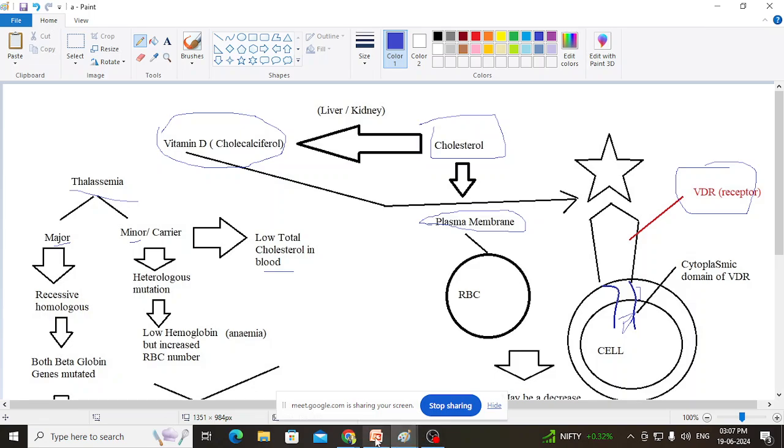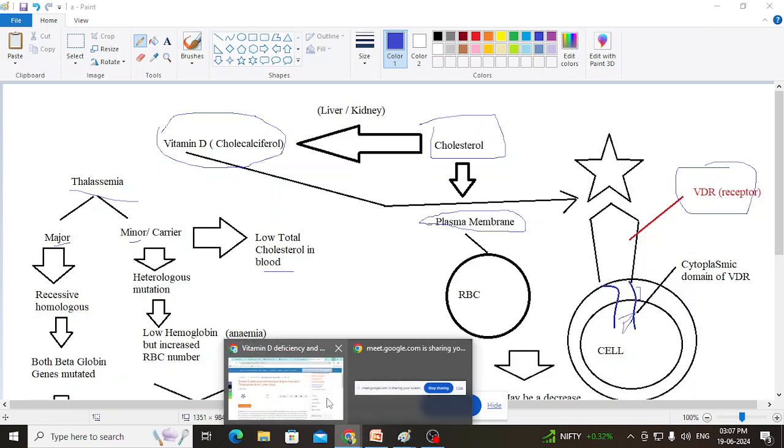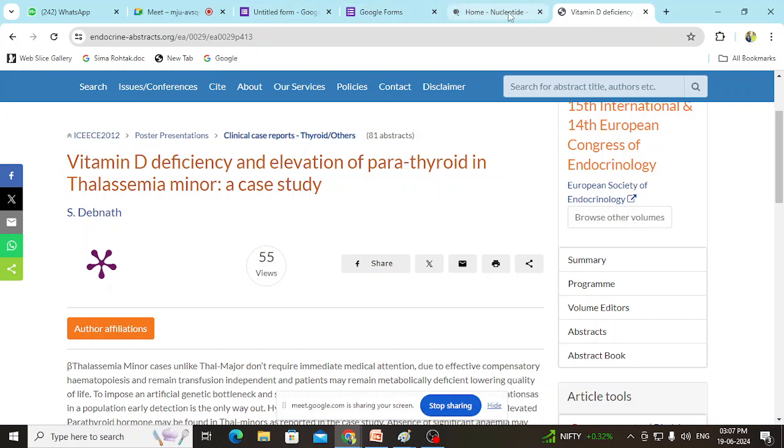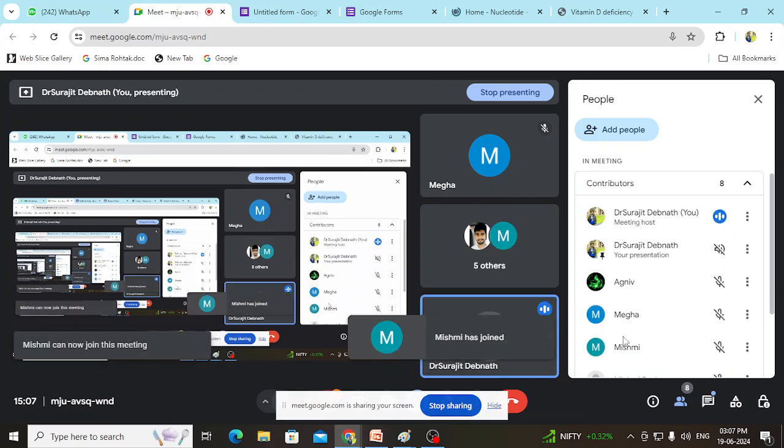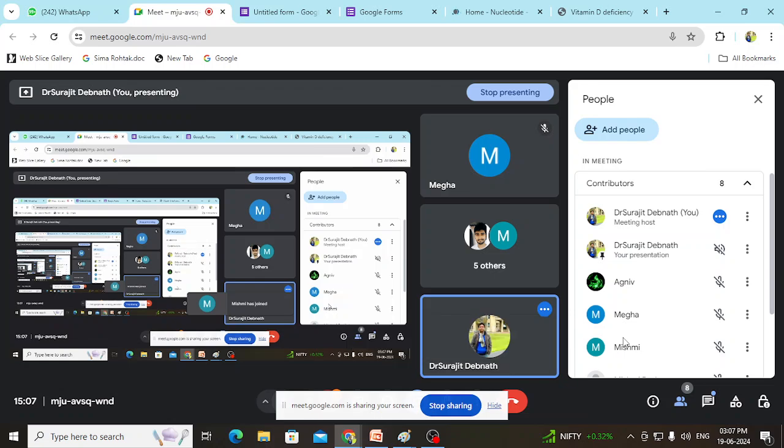Okay, so tell me if anybody is aware of the calcium channels. Who can tell me if you have some idea of calcium channels? Anybody have some idea? What are calcium channels? Where can you find them?